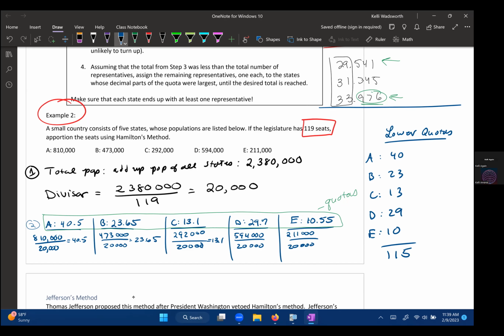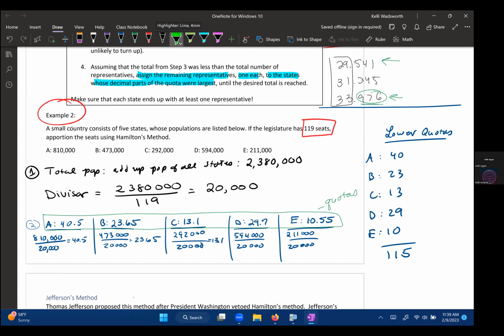So notice how the rules up here say, assign the remaining representatives 1 each to the states whose decimal parts are the largest. So you don't give more than 1. If we had a bunch of extra ones, we could give them to more, but that probably won't happen. Okay, so let's look at the decimal portions of our numbers. Who has the largest decimal?